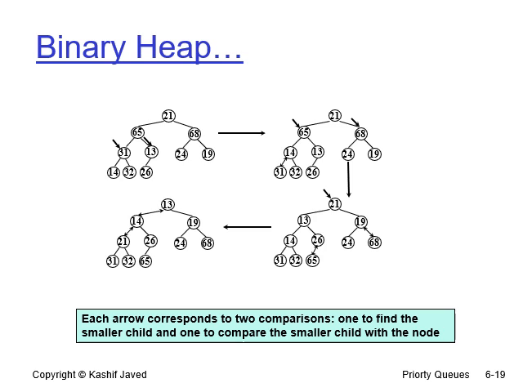Let's start with the example. Assume we have the numbers 21, 65, 68, 31, 13, 24, 19, 14, 32, and 26. So we have 10 numbers, placed in a binary heap maintaining the structure of a complete binary tree.